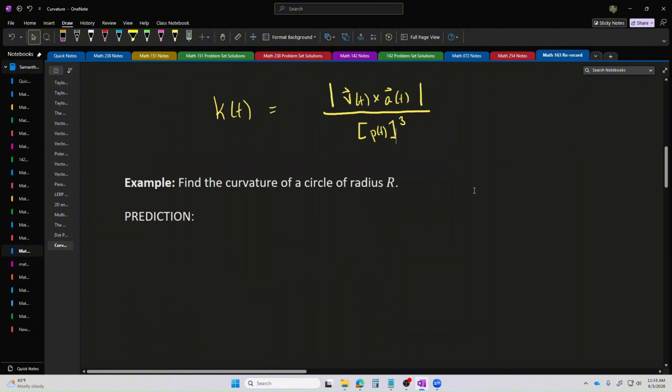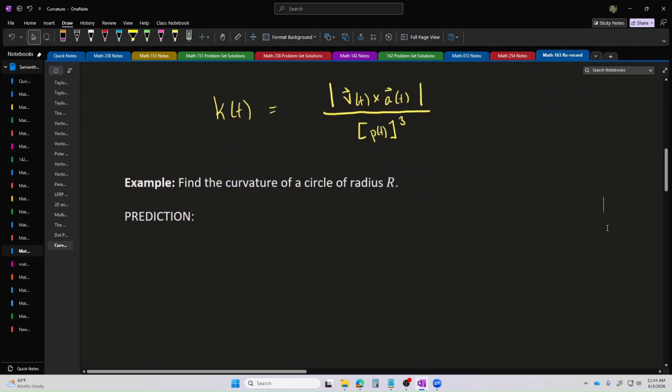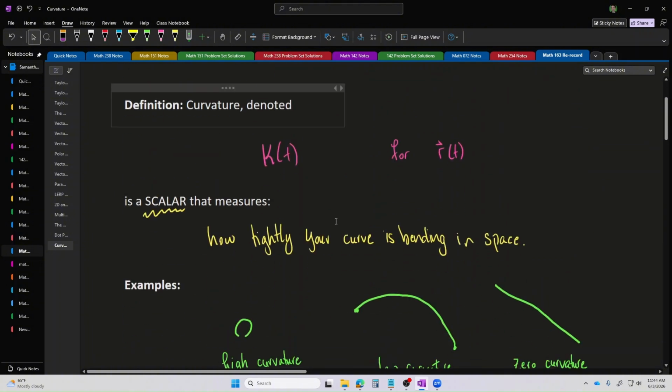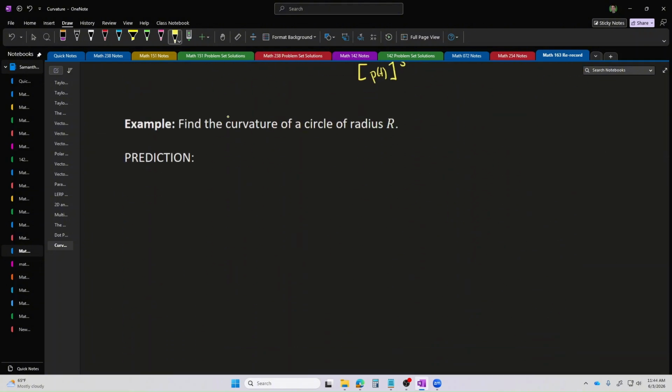Let's suppose that we're trying to find the curvature of a circle of radius r. Let us calculate the curvature using this formula and show that this formula produces results that align with what we would expect based on how curvature is defined. So here's my prediction.